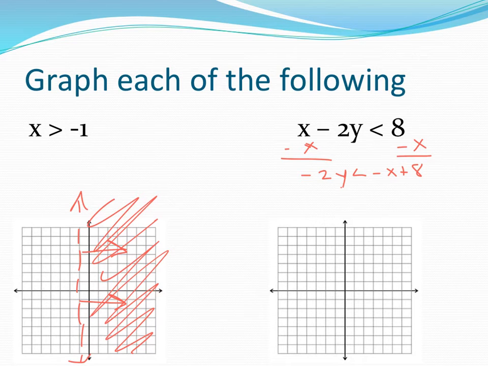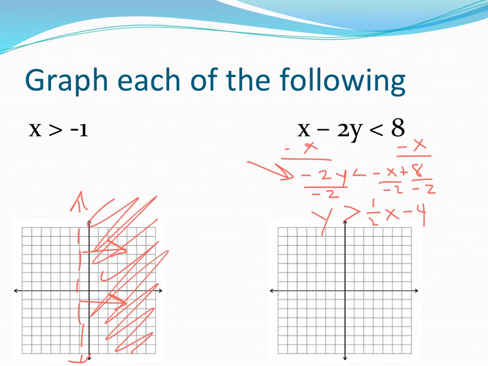I like trying to get an mx plus b form. And then I'm going to divide everything through by -2. And be careful: dividing by negatives means I'm going to switch the direction of the inequality. So now it's going to be y is greater than 1/2 x minus 4 after I simplified those.